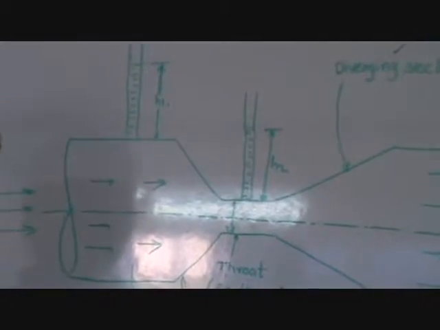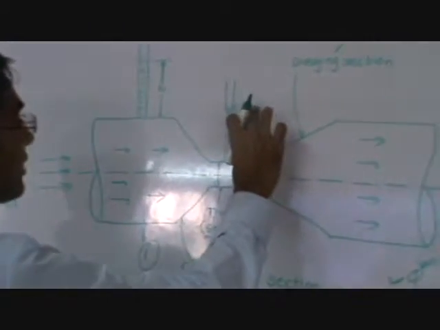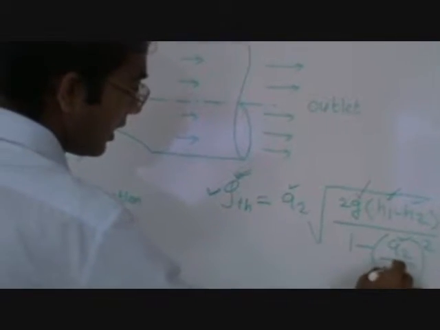H1 is the height of water column inside this first manometer, and H2 is the height of water column inside the second manometer. Then A2 over A1, where A1 is the cross sectional area at the inlet section, that is section number 1. So using this formula we can get the theoretical discharge.